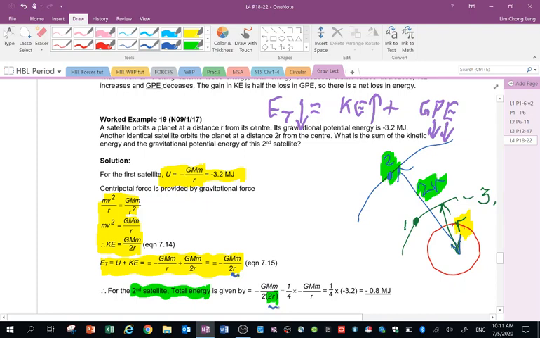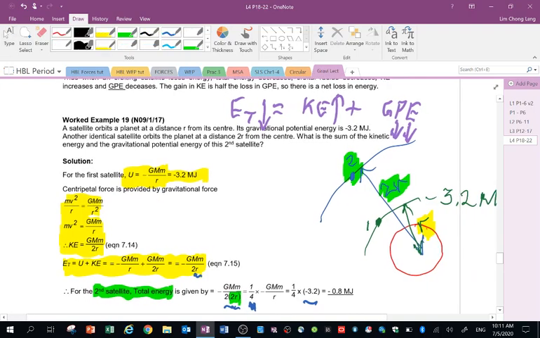So now you have to pause the video to see how these mathematics work out. You notice that if I bring the 2 out of the equation, I get a quarter here. And then I have this minus GMm over R, which is actually minus 3.2. Eventually, the answer is minus 0.8 megajoules.